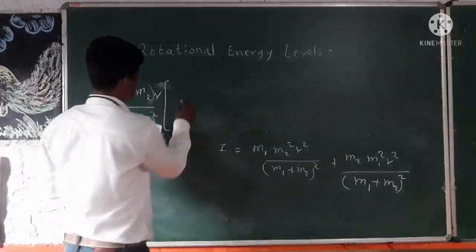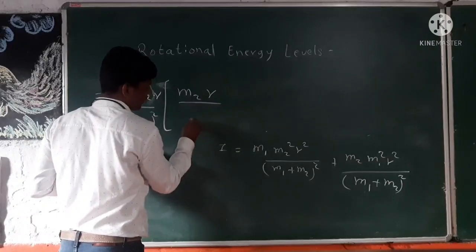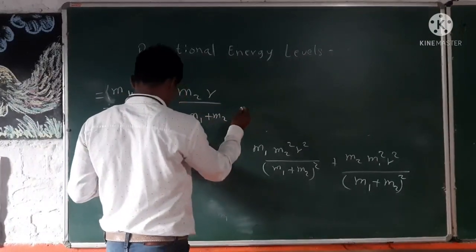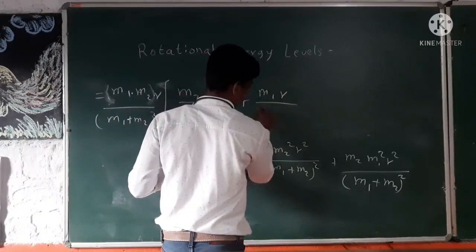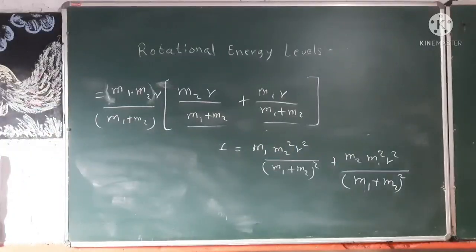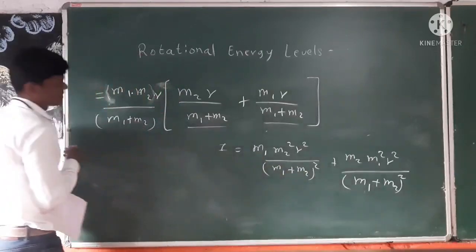Here, what is left? m2 R by (m1 plus m2) plus m1 R by (m1 plus m2). So in this step, we have just taken out the commons from the last step.